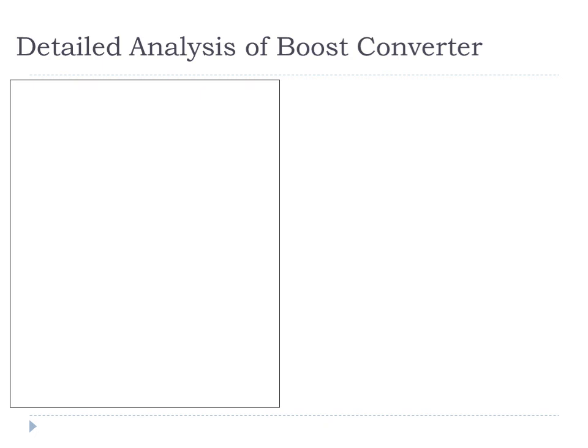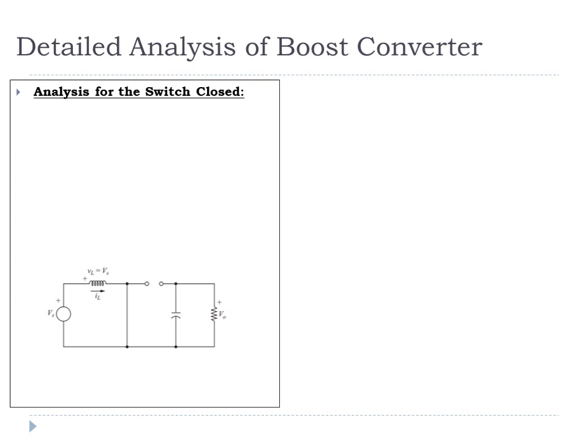So when the chopper is on, that means the switch is closed. This is the circuit. So inductor current is flowing due to the supply voltage, and the drop across inductor is Vs. So we can write the inductor voltage is equal to Vs, which is L dIL upon dt.